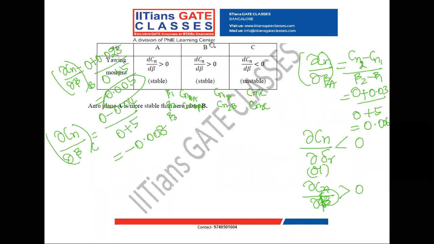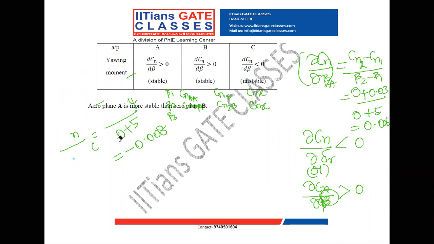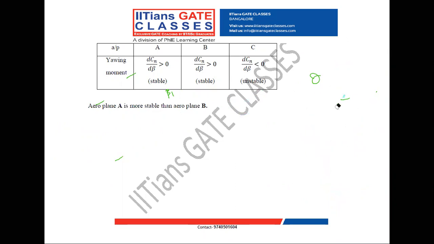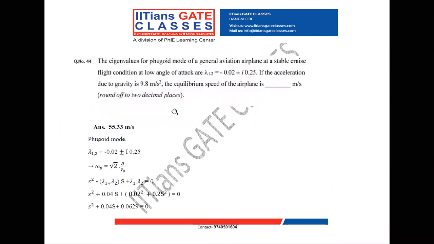We'll erase this part and move on to the next question. The next question is: the eigenvalues for the phugoid motion of a general aviation airplane at a steady cruise flight condition at low angle of attack are λ1,2 equal to minus 0.02 plus or minus i 0.25, an eigenvalue obtained as a complex number with a negative real part.